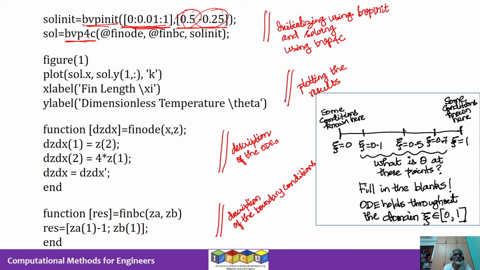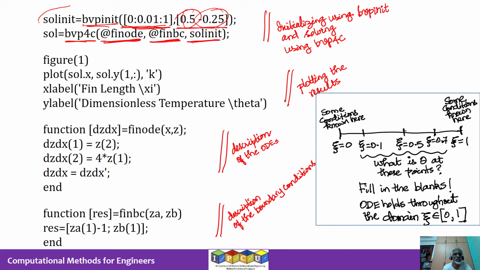The solver is bvp4c. So to the solver, these are the input arguments that I have to give. I have to tell it the name of the function file that contains my ordinary differential equations, and the name of the function file that contains my boundary conditions, the two conditions. And I should also give the initial guess.